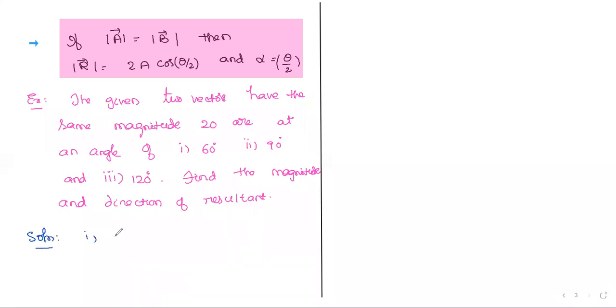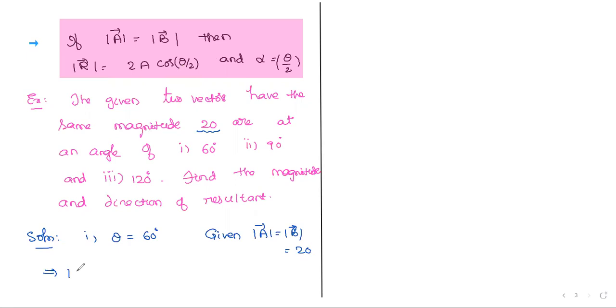First, if I take theta equal to 60 degrees, A is equal to B is equal to 20. Given that mod A is equal to mod B is equal to 20, directly you can put here.